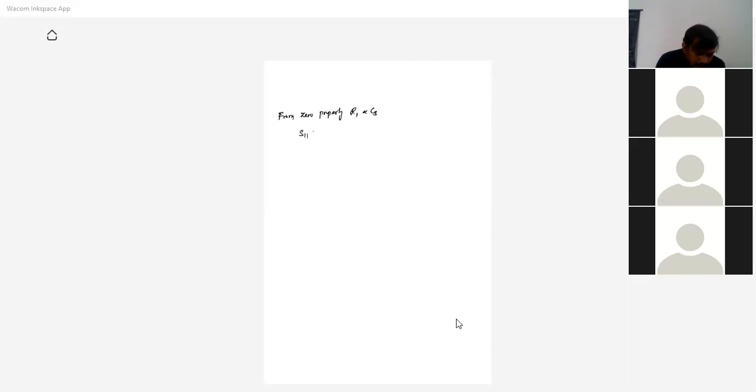So S11 into 1 by root 2 minus S12 into 1 by root 2, that is equal to 0. So from this, S11 is equal to S12. S11 is equal to S12. So then the modified matrix.